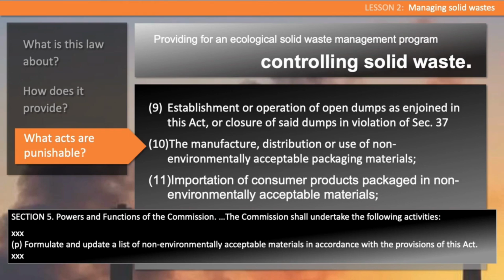That way, when you cross-reference it against what you're investigating, and you've concluded that the materials being used are indeed on that list of non-environmentally acceptable, you can say with certainty that this person is in violation, because he's manufacturing, distributing non-environmentally acceptable packaging materials, right? But remember, you have to use that authoritative source. Okay, otherwise, it may not be conclusive that the violation is indeed a violation.